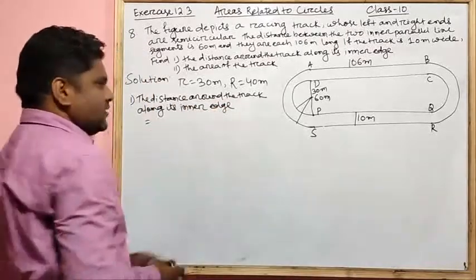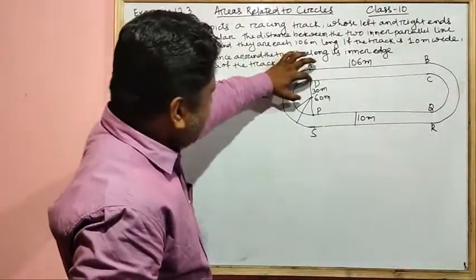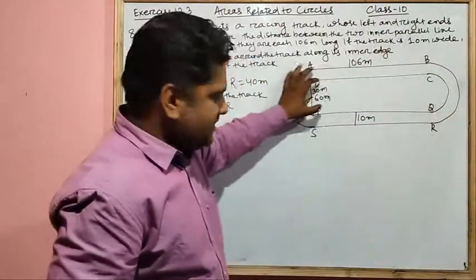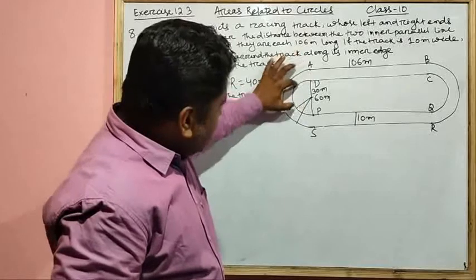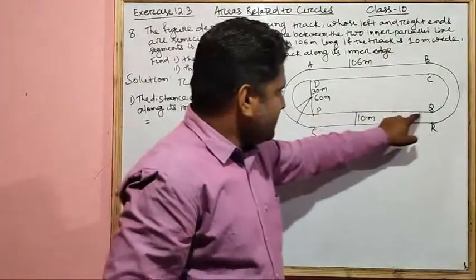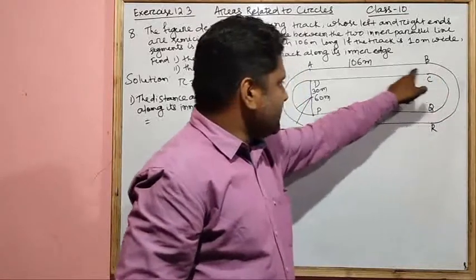This will be equal to, this length is called the distance around its inner edge, and this is length of this semicircle plus length of this semicircle plus this one.